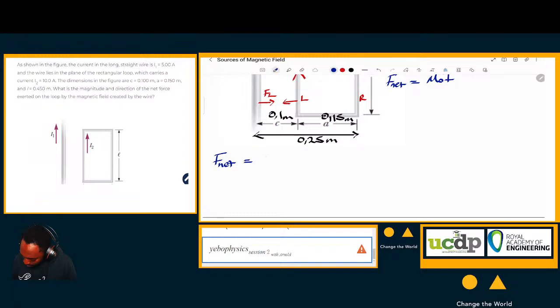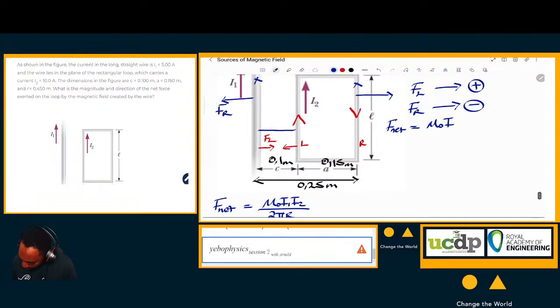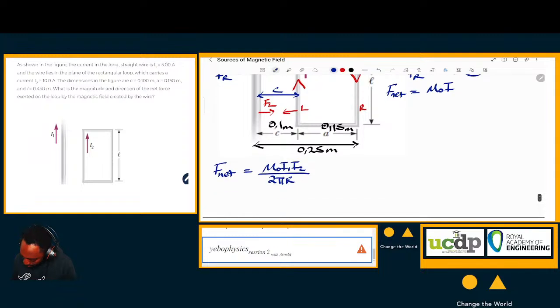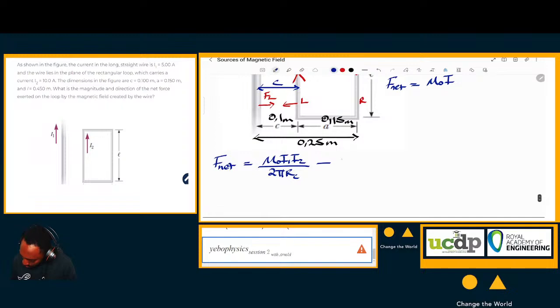F net is going to be mu naught I1 I2 over 2 pi r, where r is the distance between these two conductors, which is C for FL, minus, because FR is negative, mu naught I1 I2 over 2 pi r.